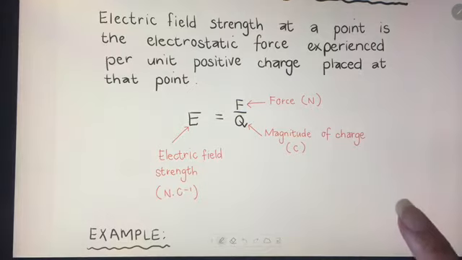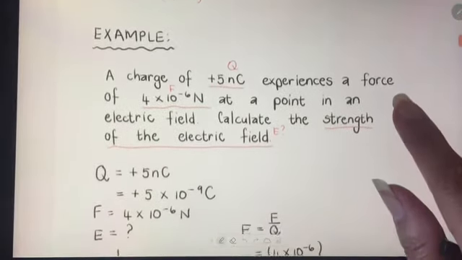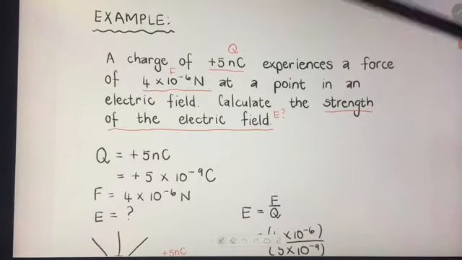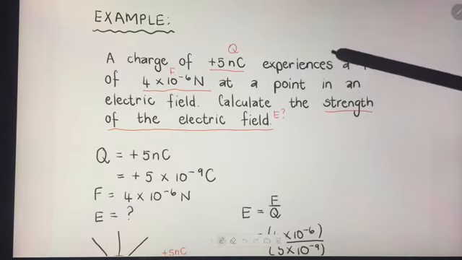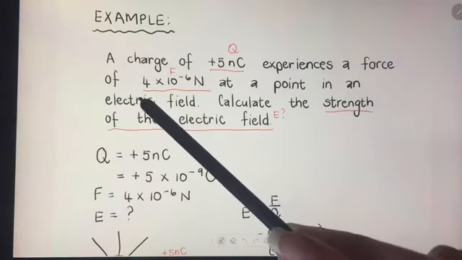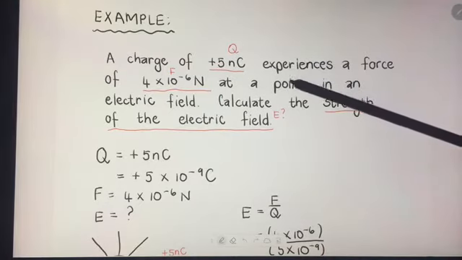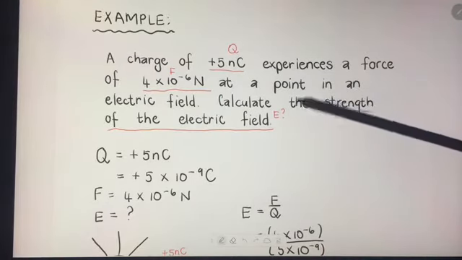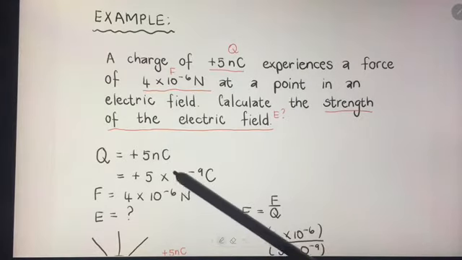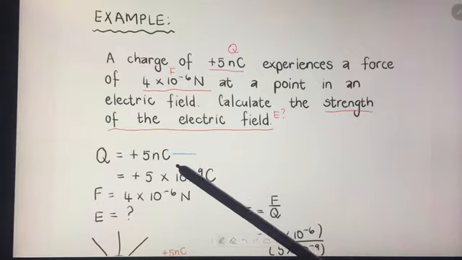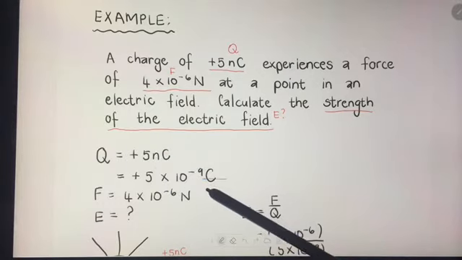Now, let's take a look at a simple example of what this calculation would look like. A charge of positive 5 nanocoulomb experiences a force of 4 times 10 to the power of negative 6 newtons at a point in an electric field. Calculate the strength of the electric field. I've got Q, and I know that it must be in coulombs, so I've converted nanocoulombs to coulombs.